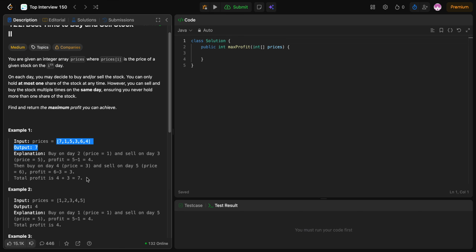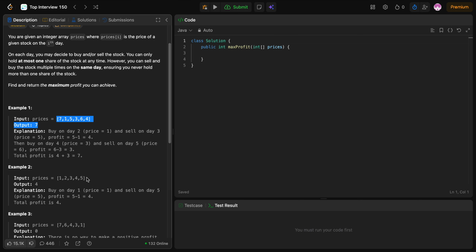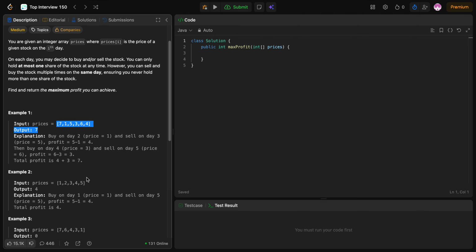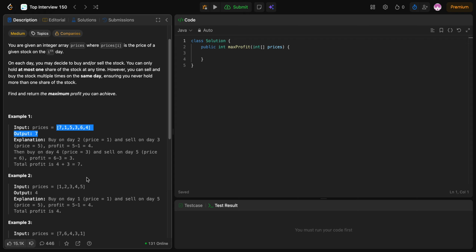So basically, what you do is you find the lowest price to buy the stock, and then as soon as you get a price that is higher, you then sell the stock.